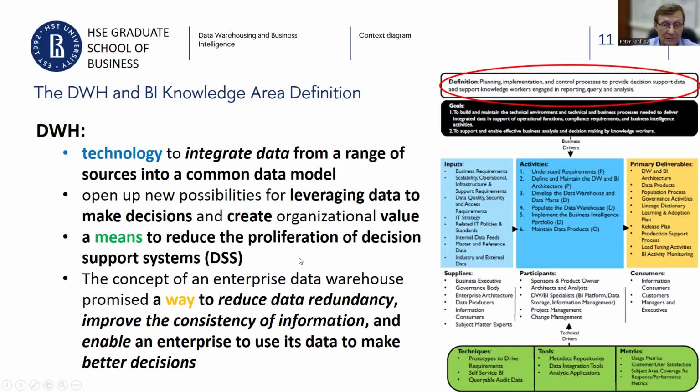And also important, we consider data warehouses in many cases a special technique to reduce data redundancy, and a technology that can improve the consistency of information and enable the enterprise to use data to make better decisions.